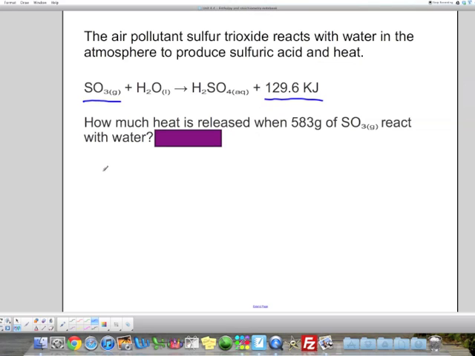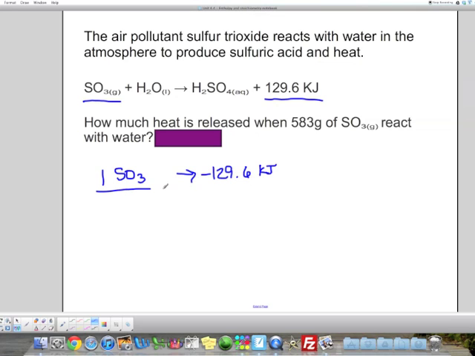So this chemical reaction equation tells me that for every mole of SO3 that reacts, 129.6 kilojoules of energy is released because it's on the product side.